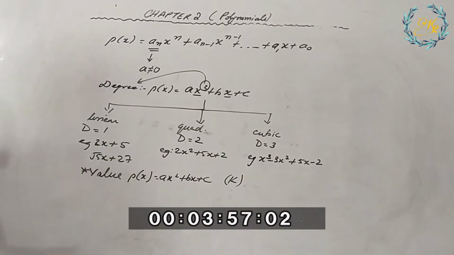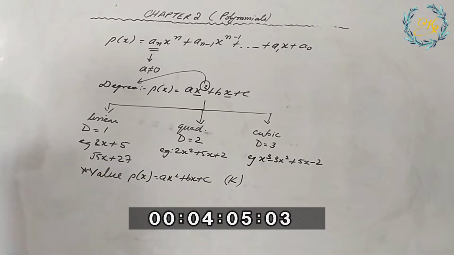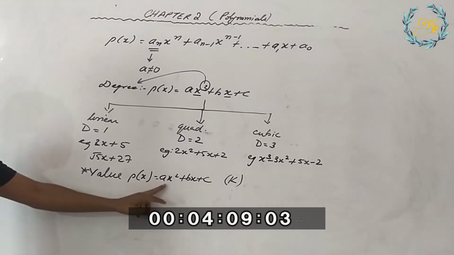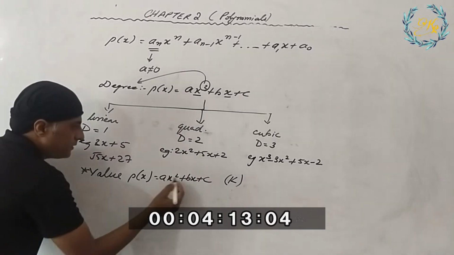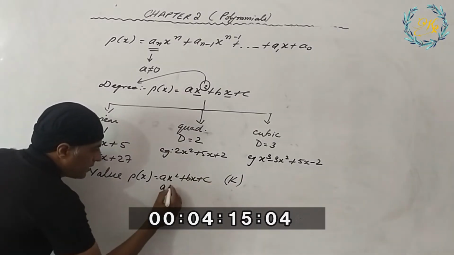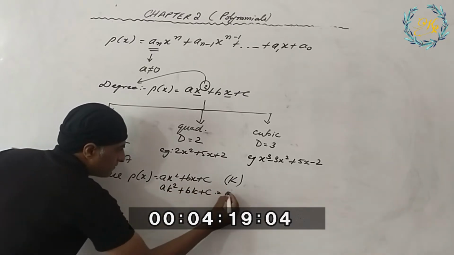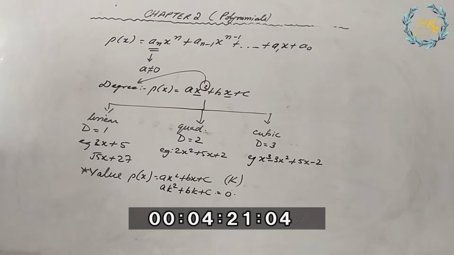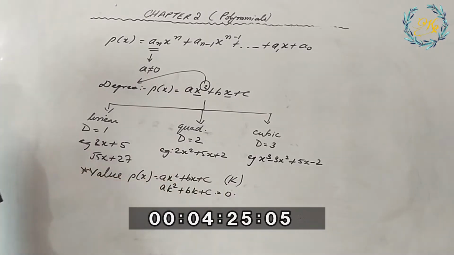It might be minus 1, 2, 3, minus 3, 4. If I place this value in this equation, then the value obtained by replacing x by k is called the value of p(x). For example, this k is to be placed here: a·k² + b·k + c is equal to 0. It means this value satisfies the polynomial equation.